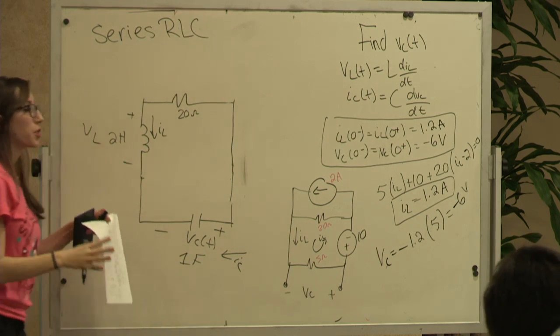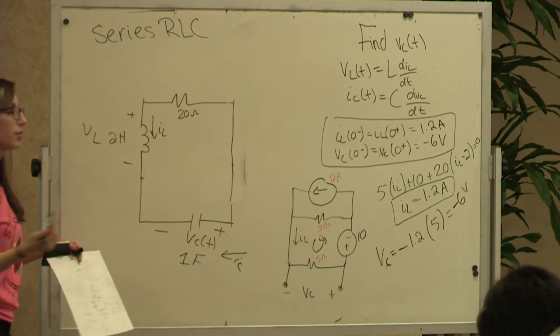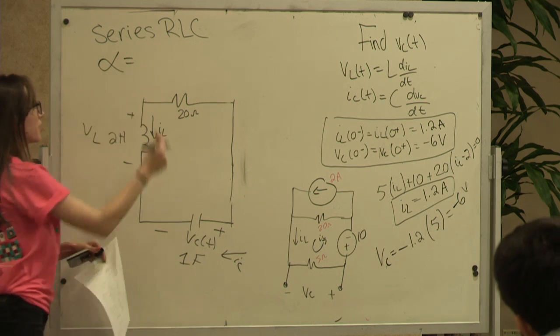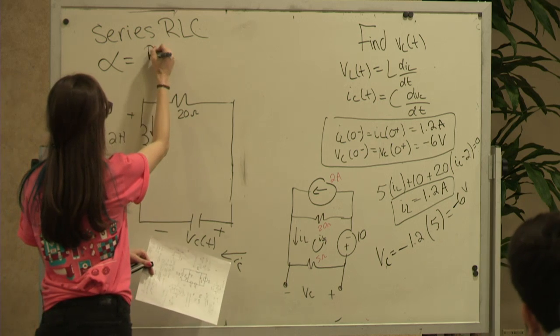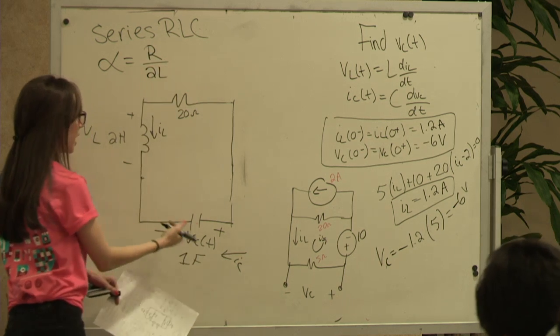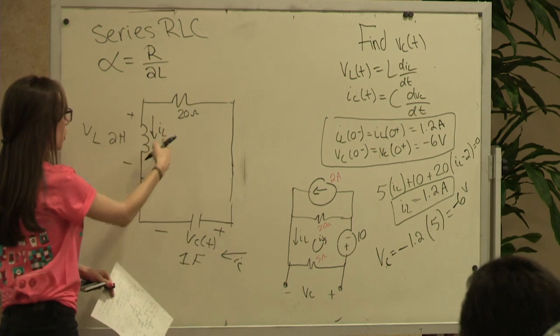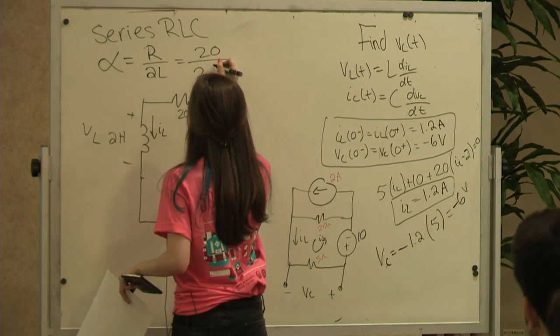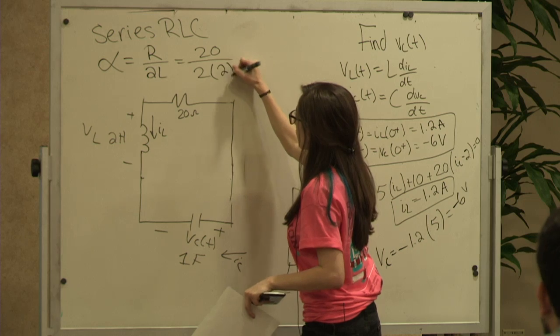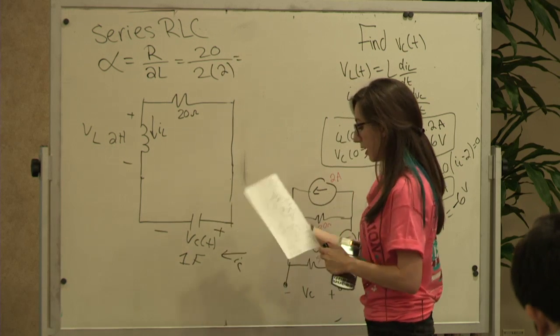So the only difference between the series and parallel is the alpha. So for alpha in series, I think that is R over 2L. And as you notice, that 5 doesn't come into play, so R is just 20 over 2 times 2 henries. And that's going to be in terms of radians per second.